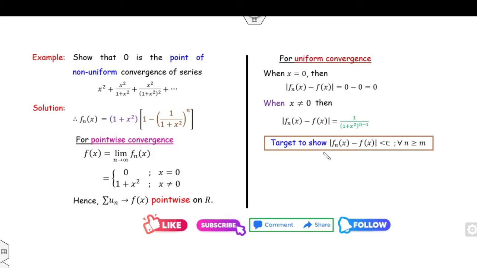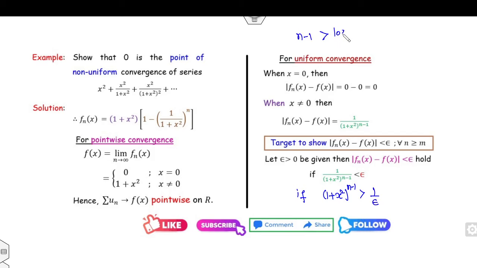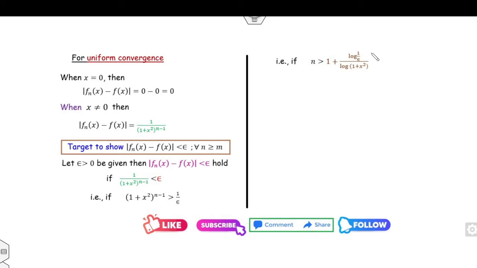Then I can substitute this value in the given expression and your target is to find the value of n. How can you find the value of n? I can first take the reciprocal. It is greater than 1 over epsilon. I can take the logarithm on both sides. So then n minus 1 should be greater than log(1 over epsilon) divided by log of (1 plus x square). And then the value of n is 1 plus this.